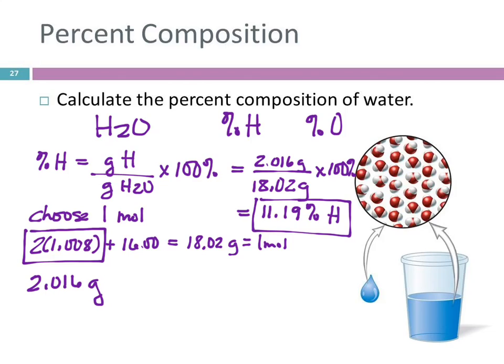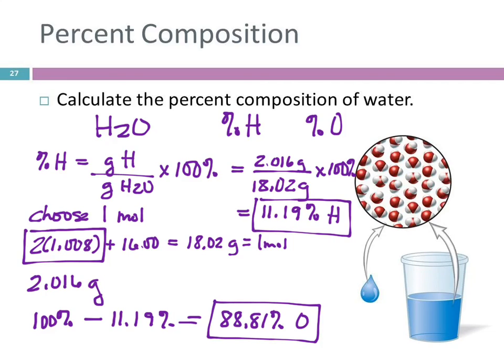But since there's only 2, we know that all the percentages have to add up to 100, because that's the total. So 100%, and that's an exact number, minus 11.19% for the hydrogen, gives us 88.81% for the oxygen. There's only 2 components, so if we calculate one, we can subtract the other from 100. Any questions?